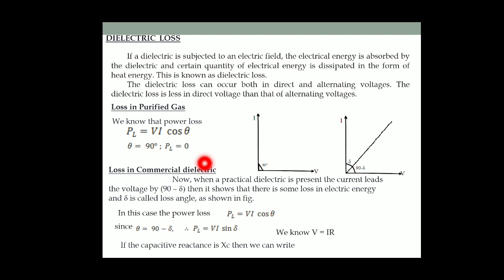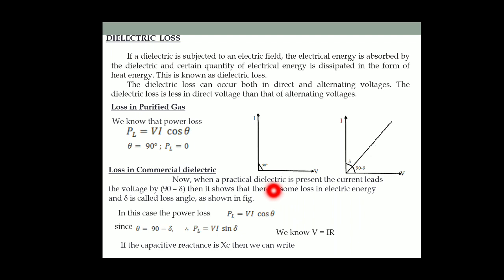But in a commercial dielectric, that is, a practical dielectric, the current leads the voltage by 90 minus delta degrees. Then it shows that there is some loss in electrical energy, which is explained by the power loss, and delta is called the loss angle, as shown in the figures.